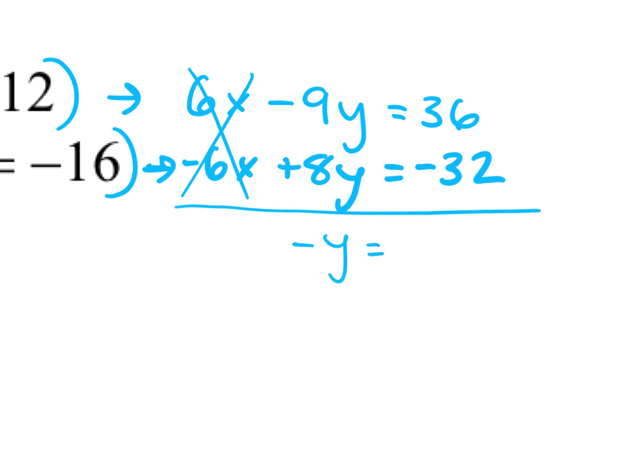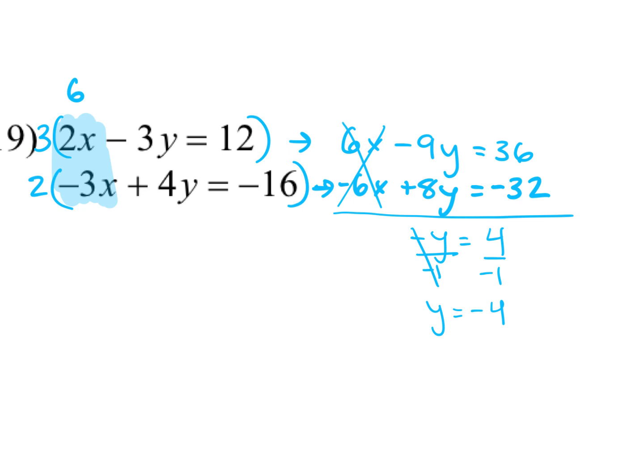And that's equal to, what's 36 minus 32? 4. So, are we done? No. What would we have to do next? Divide by negative. You got to make the y all by itself, so you got to get rid of that negative. So y is equal to negative 4.